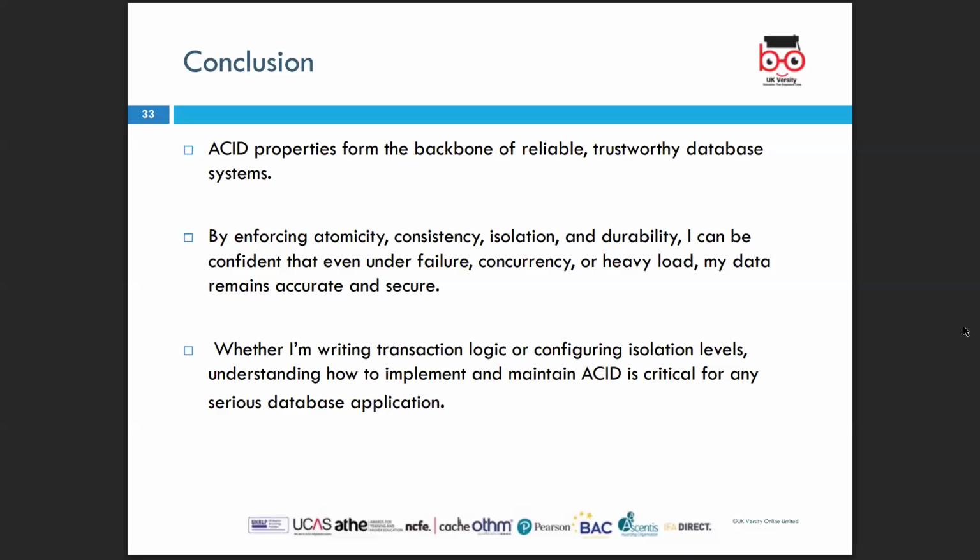So whether we're writing transaction logic or configuring isolation levels, understanding how to implement and maintain ACID is critical for any serious database application.